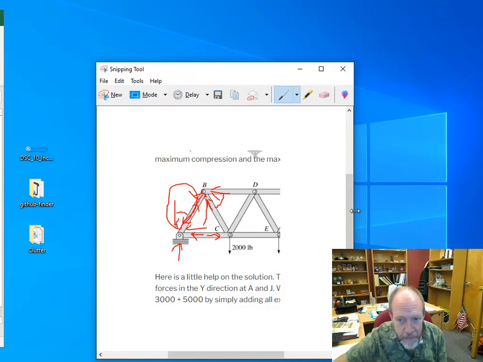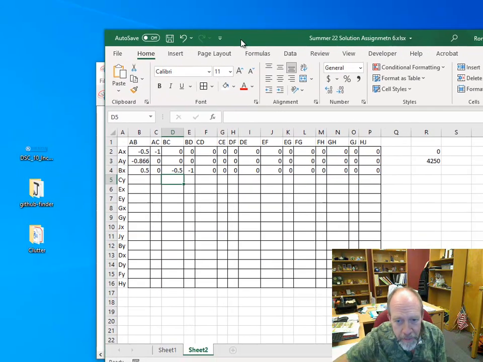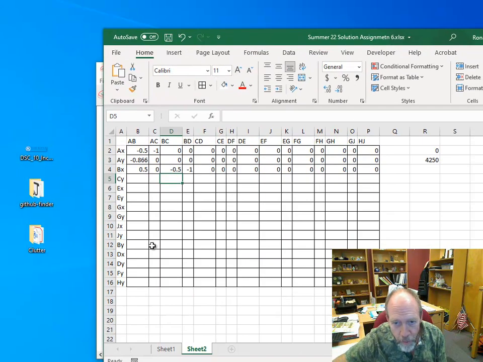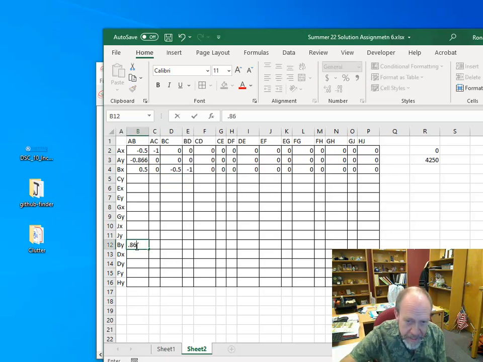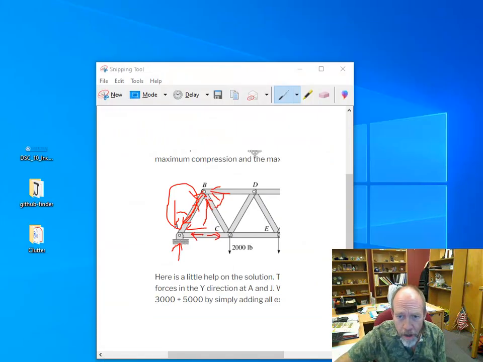So the component of each of these is 0.866. So AB for B of Y was positive 0.866, and BC was also positive 0.866. And everything else is 0. There are no other Y component forces at B.